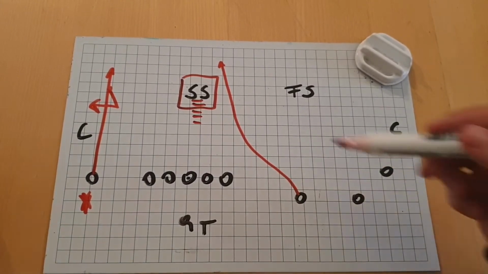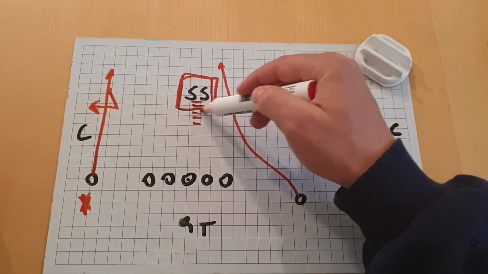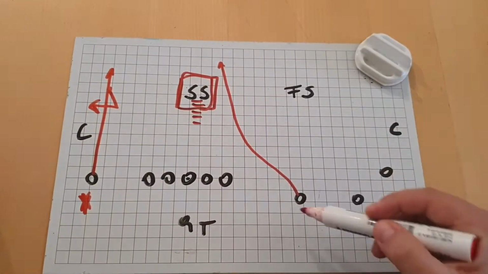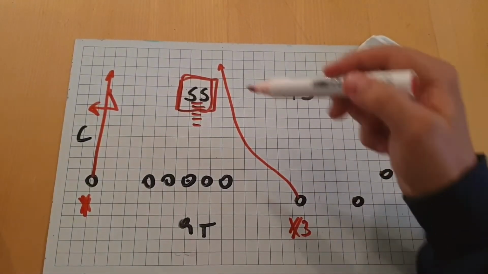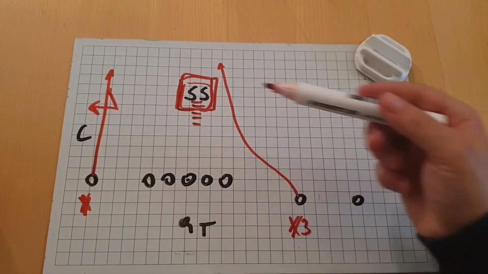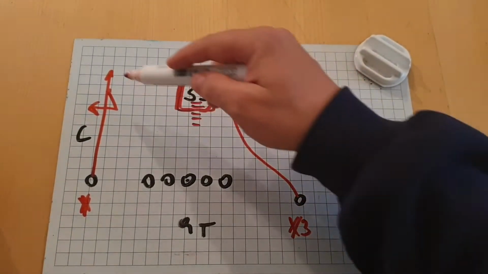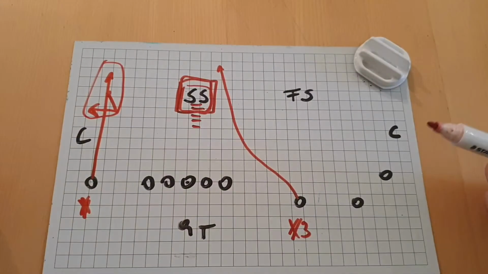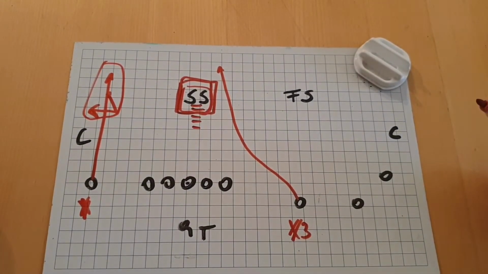And usually in these 2 high defenses, his eyes will start on number 3. And if the safety stays on the hash throughout your initial read, well, this is a great time to play one-on-one football out here. And this is all we can ask for, to be honest.